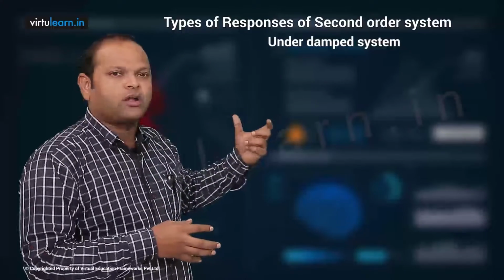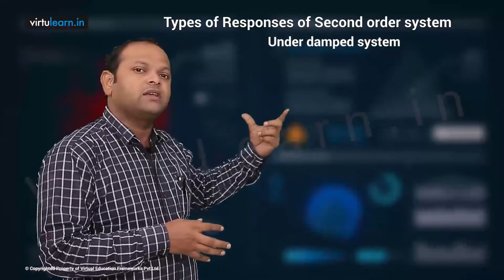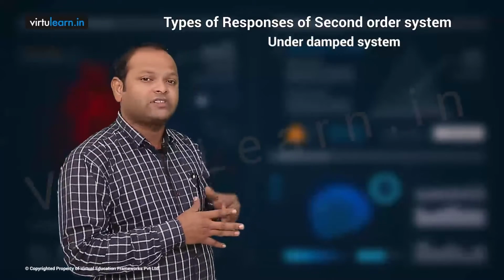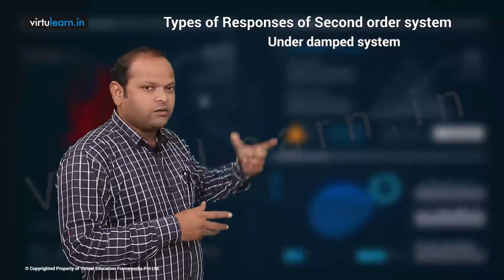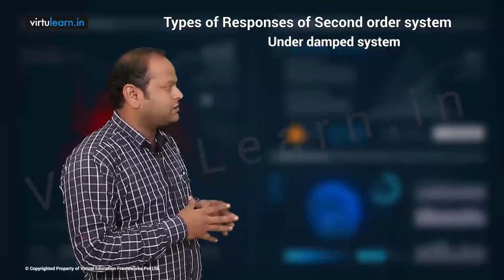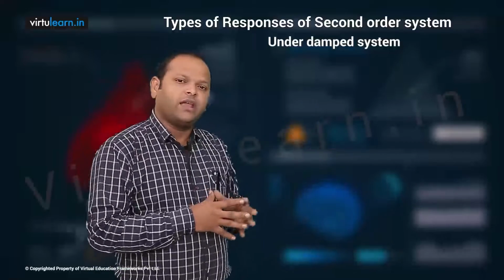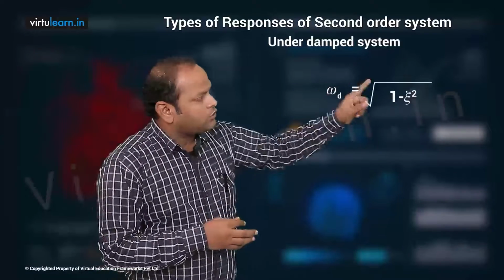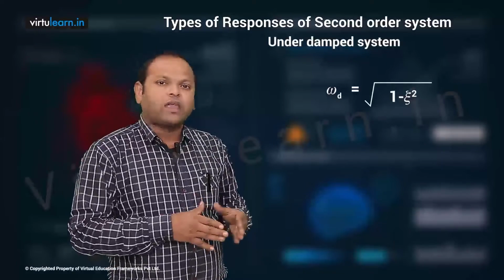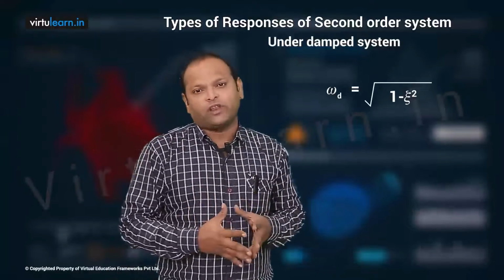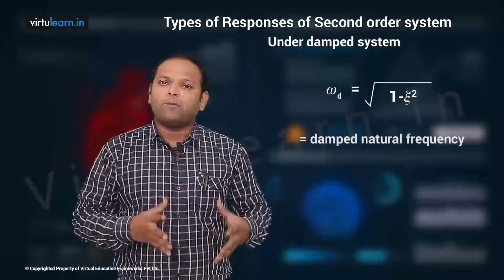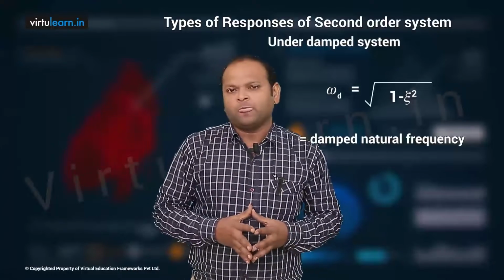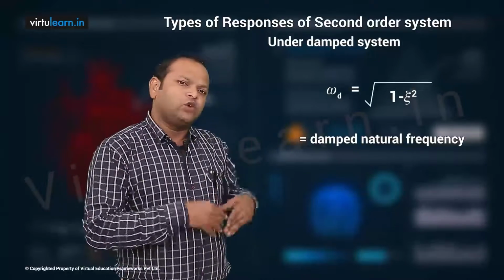What will be the real part? It is minus zeta omega n for both, on the left side, and the location will be minus zeta omega n on the real axis. The imaginary part is omega n into the square root of 1 minus zeta square. Now I can define another frequency which is called the damped natural frequency. We have one frequency omega n.